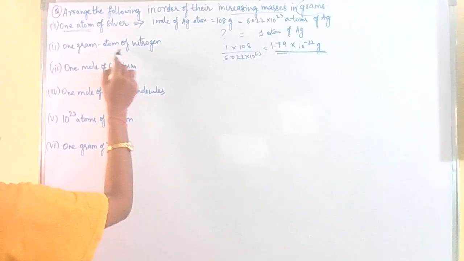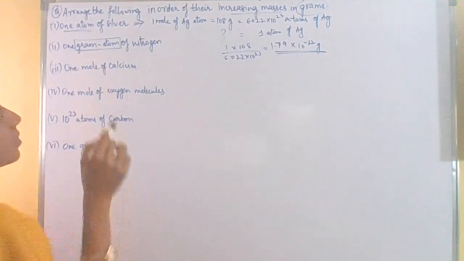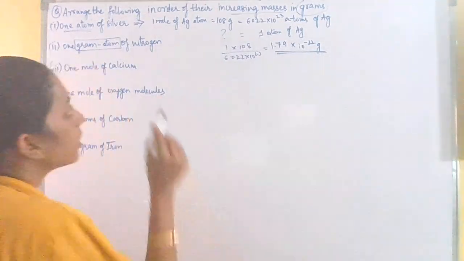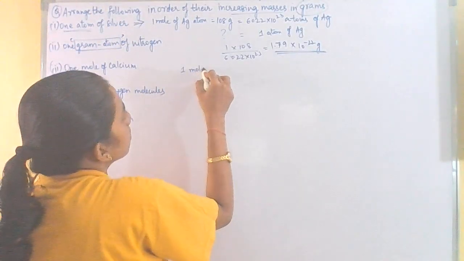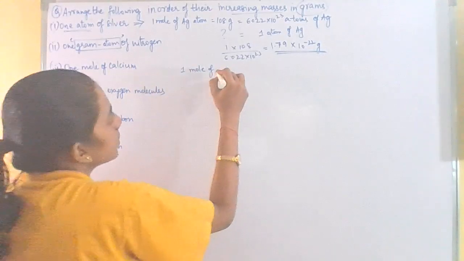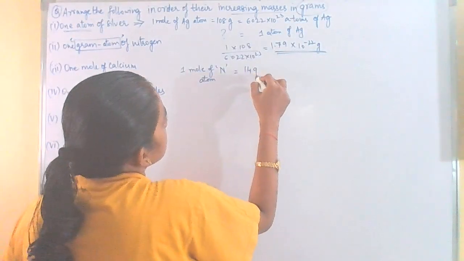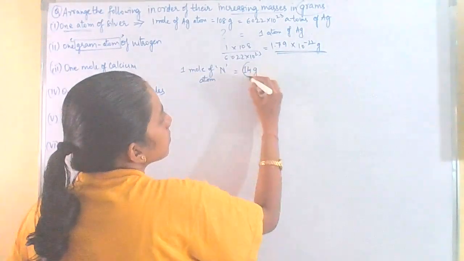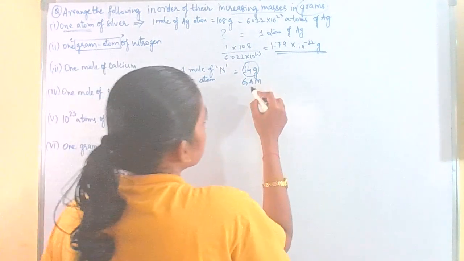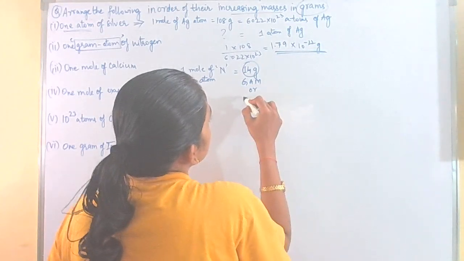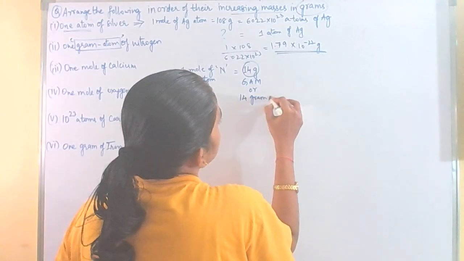Now, 1 gram atom of nitrogen weighs how much? They are not saying 1 atom, or 1 gram of nitrogen. They are using here the term 1 gram atom. I have already said that 1 mole of any atom, here nitrogen, is equal to 14 grams. What is this 14? It is the gram atomic mass, also called 14 gram atoms.